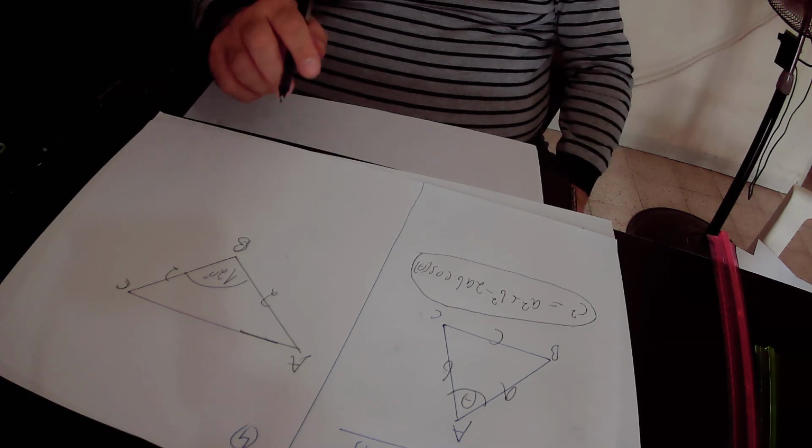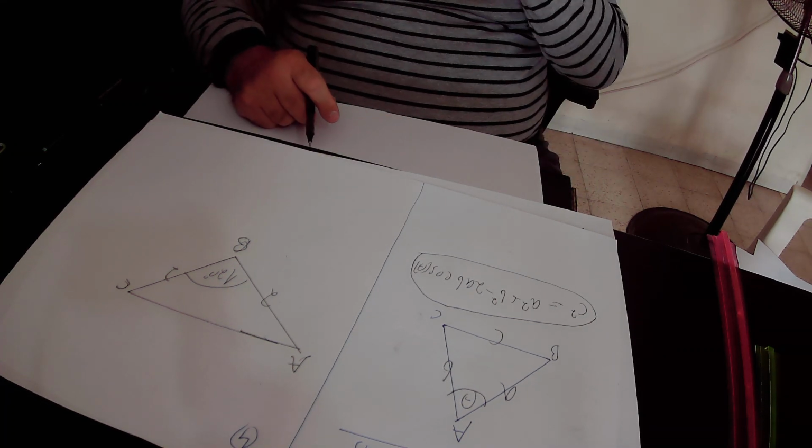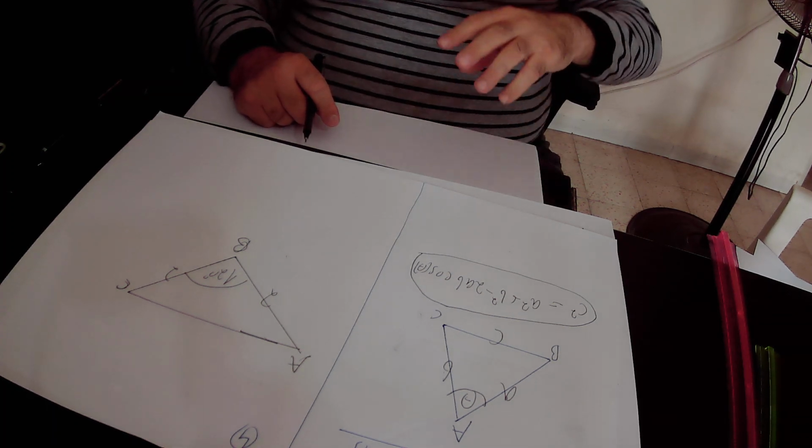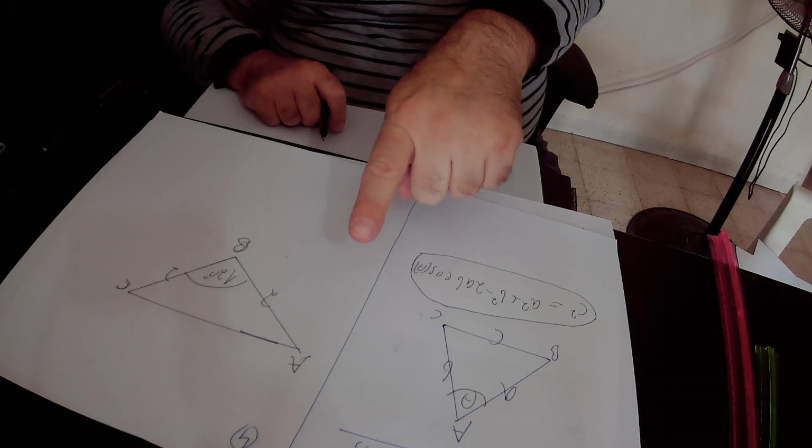So this is triangle ABC that I copied from the original drawing. Our mission is to find the length of side AC.